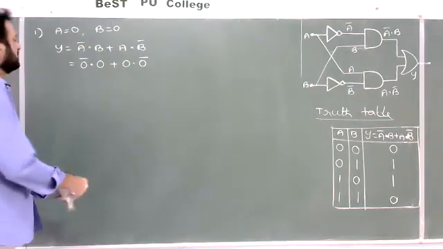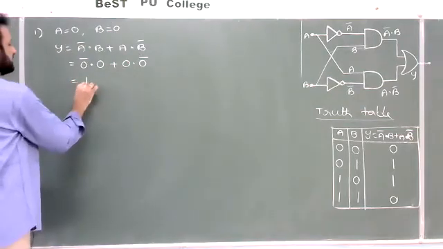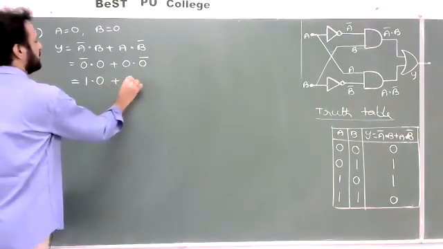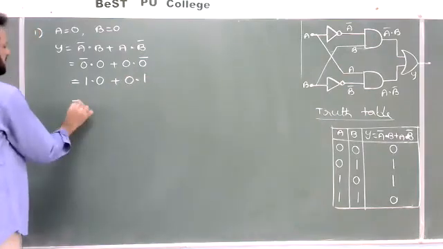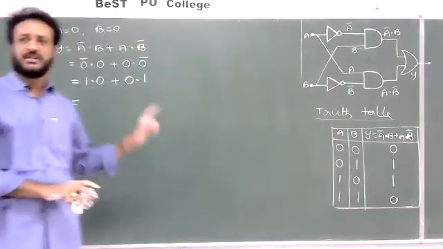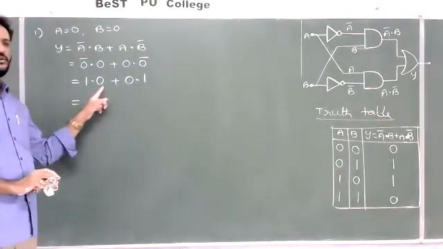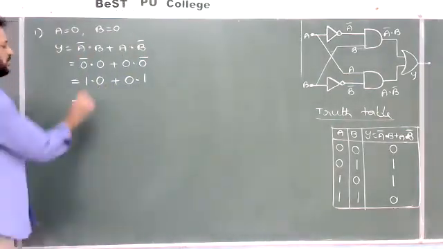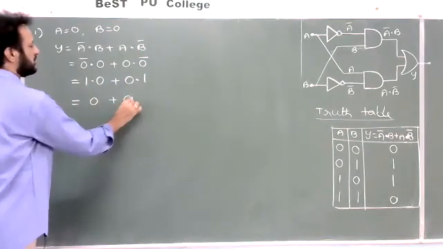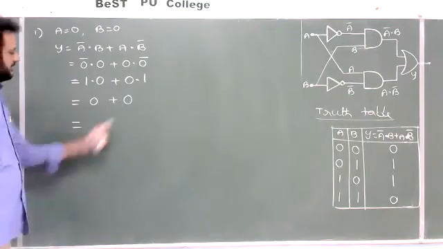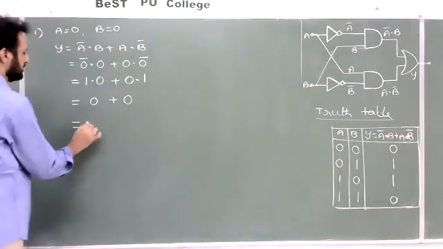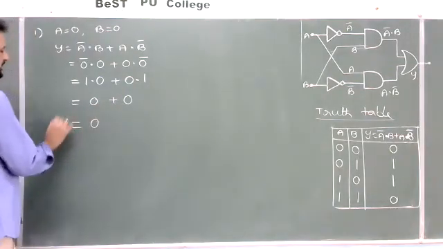So it is 1 into 0 plus 0 into 1. Into always means an AND gate. Whenever one input is low, the output is also low, so 1 into 0 is 0, plus 0 into 1 is also 0. In an OR gate, whenever both the inputs are low, the output is also low. So 0 plus 0 is 0. That is the first one.